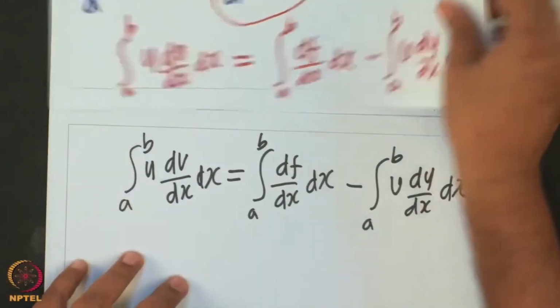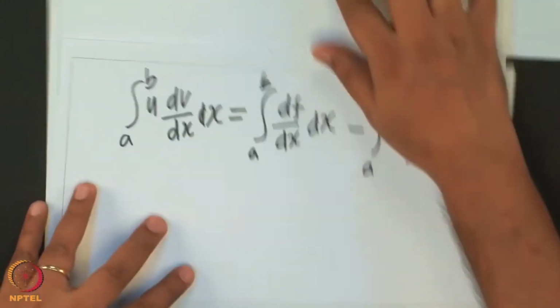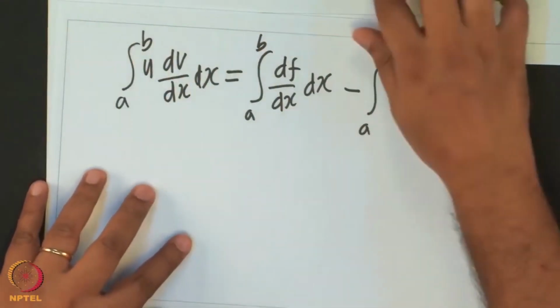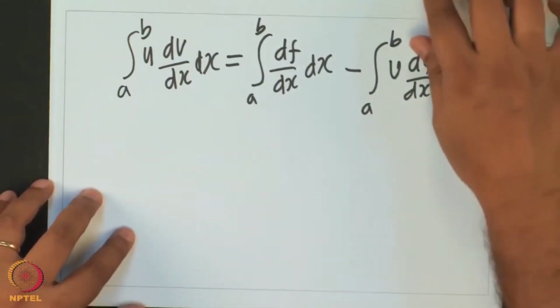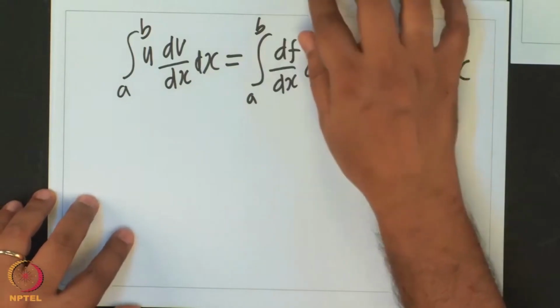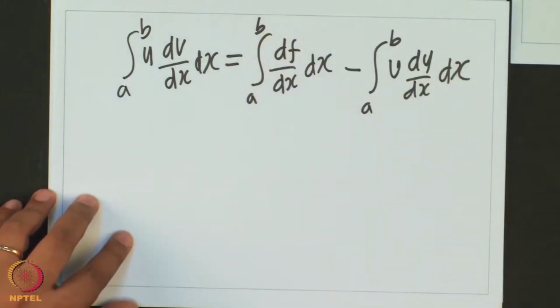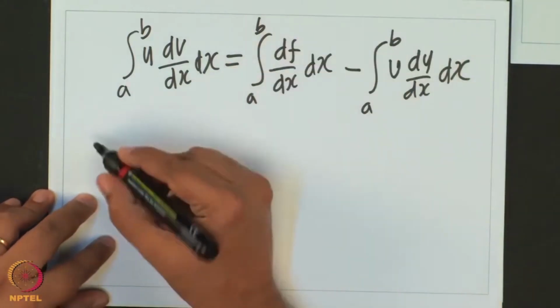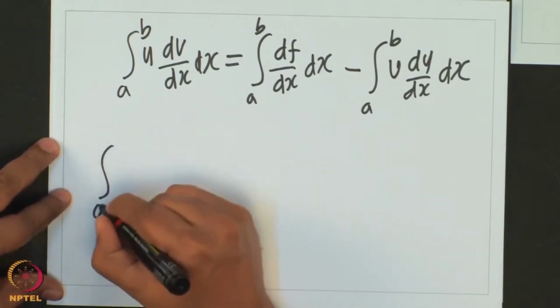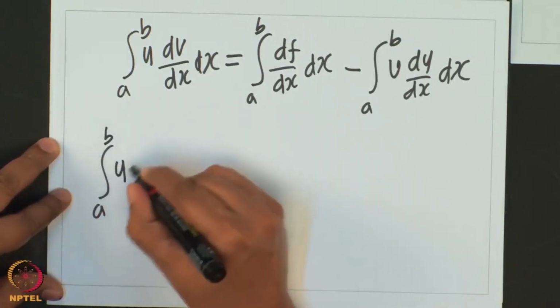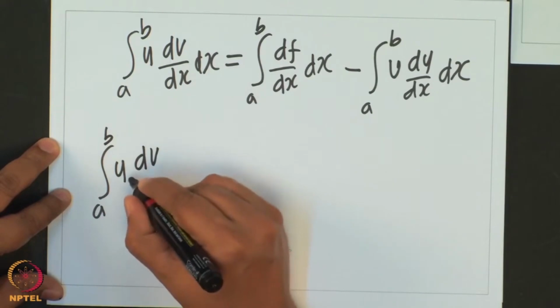This is what we have. Now let us think about this for a minute. We want to calculate the integral of u dv by dx, so let us write it that way: the integral from a to b of u dv by dx.